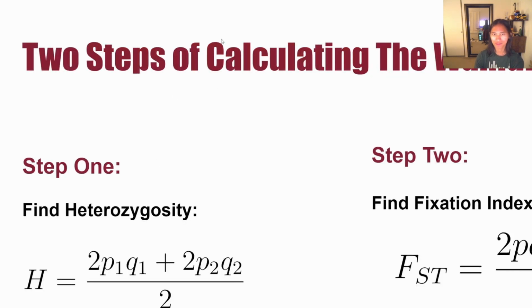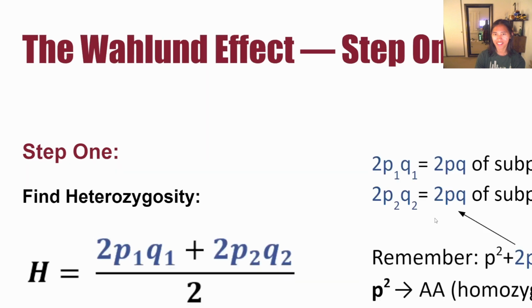There are two steps of calculating this. Step 1 is finding the heterozygosity, and step 2 is finding the fixation index. First, you'll need to find the mean heterozygosity between the two subpopulations. You basically find the average of the frequency of heterozygotes present in the population, 2P1Q1.